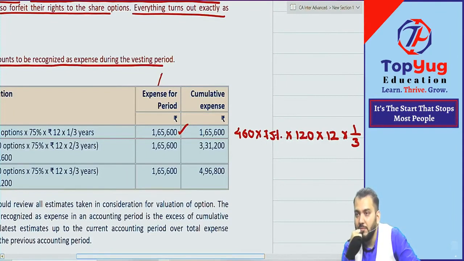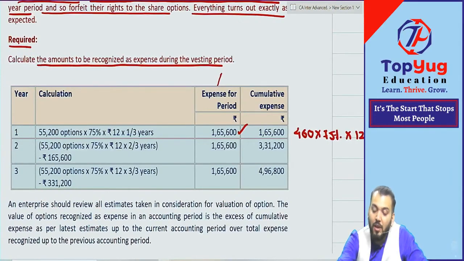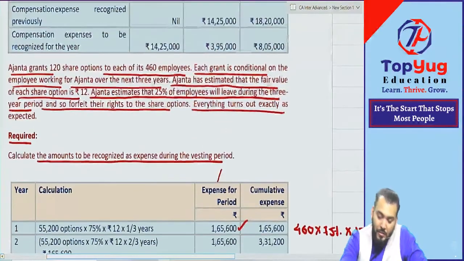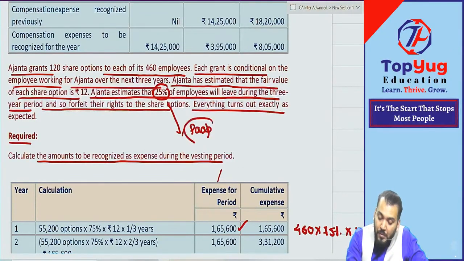Any mistake? What have you done? 25%. Understood now? Okay, fine. In class if you make a mistake, okay. But now, what have you taken? You have taken 100%, right? So just circle it and write down "pop".